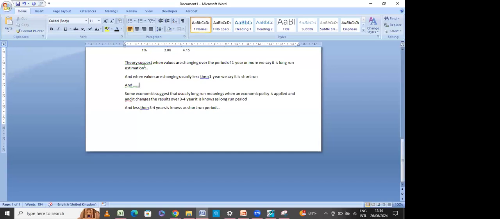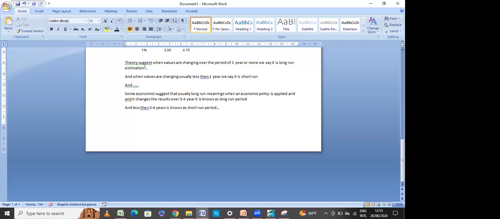And some economists suggest that when the values are changing over the period of 3 to 4 years, this is a long run period. And some suggest that when it is less than 3 to 4 years, it is a short run period. So there is a contradiction. If we go into the base of any economic theory, when we check an economic policy applied within a certain country, we can see the results in a minimum of 3 to 4 years, even 5 years.